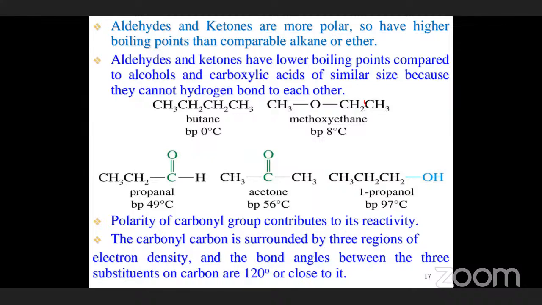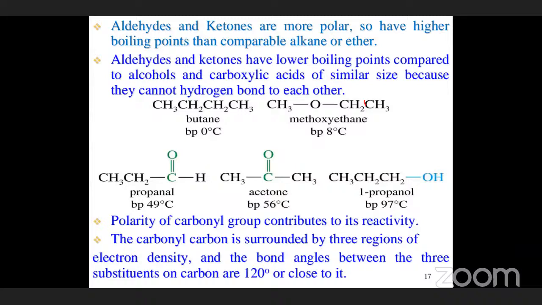The bottom line is that if you compare them to other organic compounds that have similar numbers of carbon atoms or similar molecular formulas, you will find that they have higher boiling points.